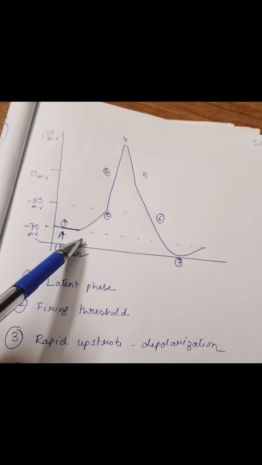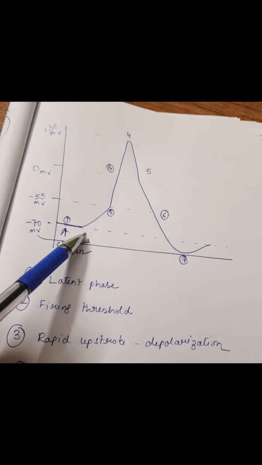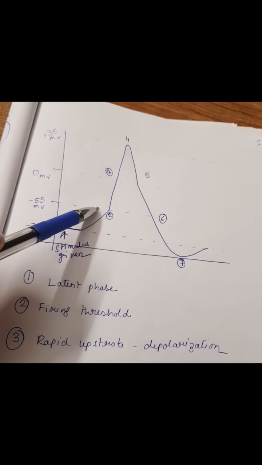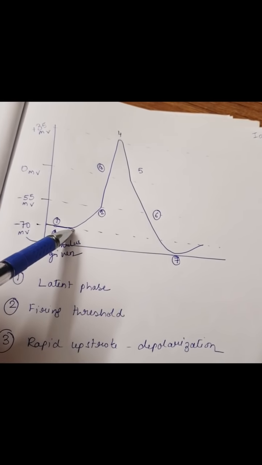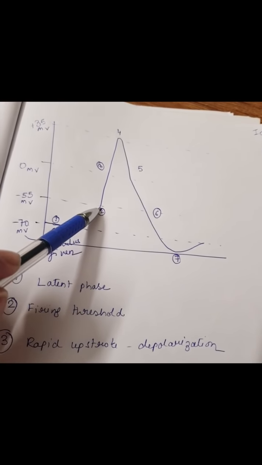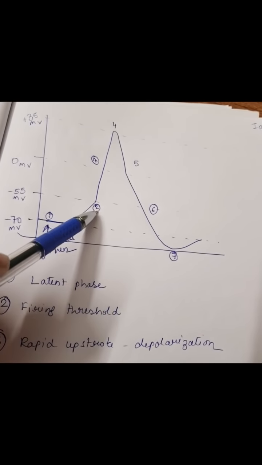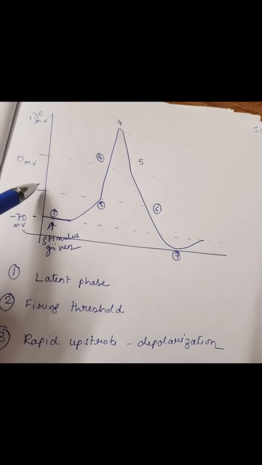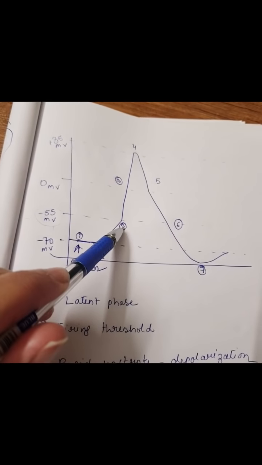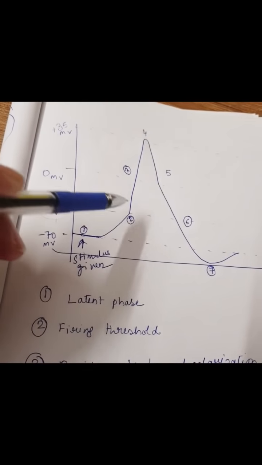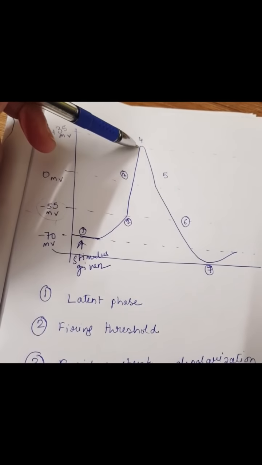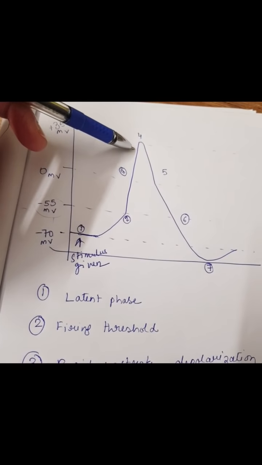The membrane potential starts changing, that is, it becomes less negative and more positive, moving away from the RMP. This movement occurs very slowly till the firing potential is reached. Here, firing potential is minus 55 millivolt. Once the firing threshold is reached, depolarization occurs. So this is the upstroke depolarization, rapid upstroke depolarization.